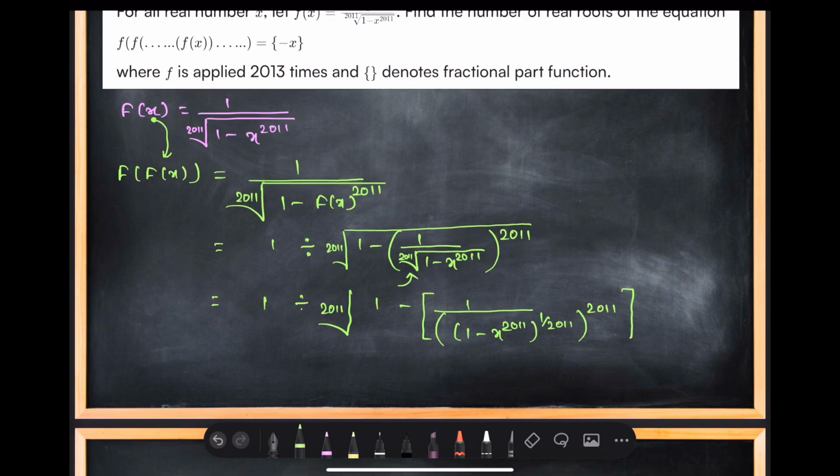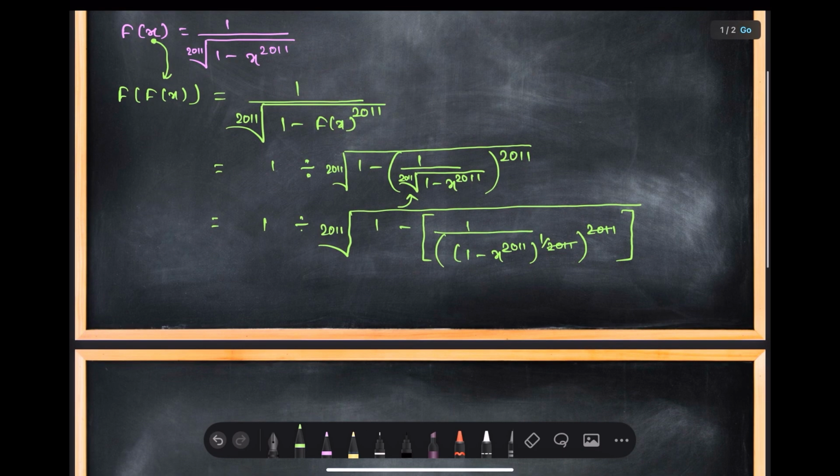I hope you get this, and I want you to try this thing by yourself as well. Look at the combination. If it is power to the power, you can multiply the powers. So it is 2011 by 2011. So this thing vanishes, right? So we will be left with 1 divided by the 2011th root of 1 minus 1 by 1 minus x power 2011.